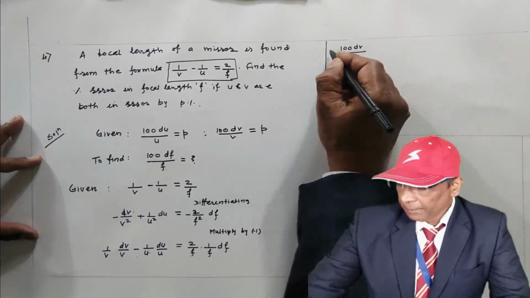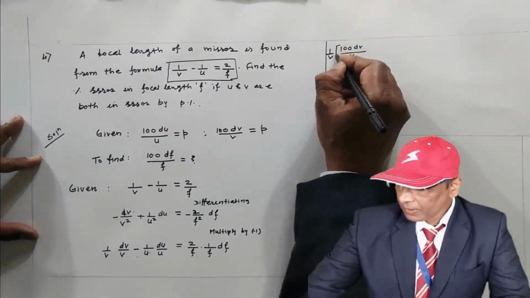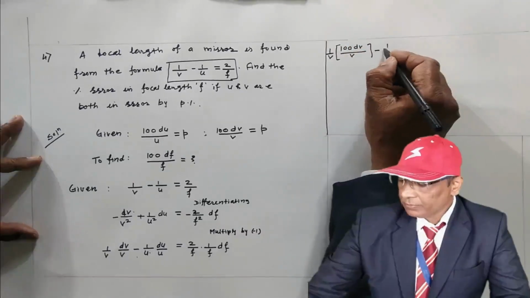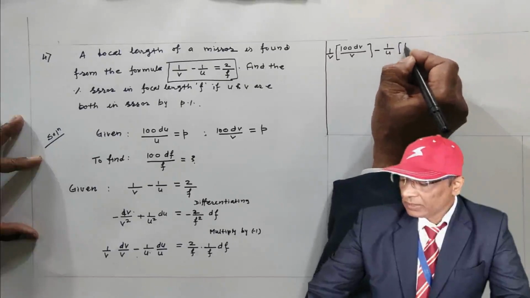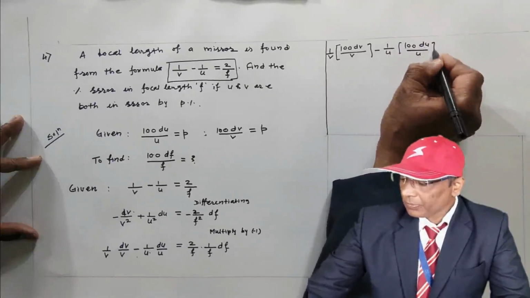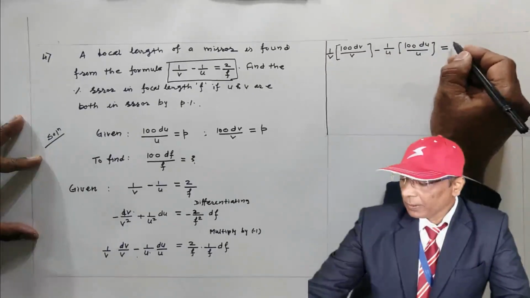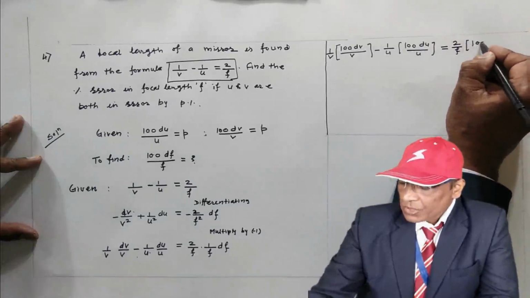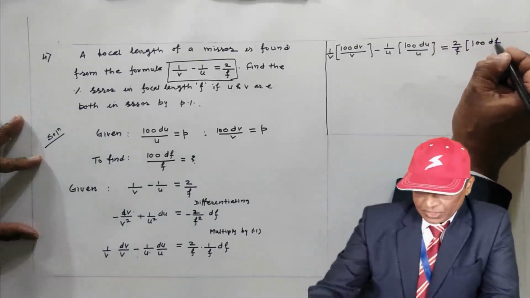Multiply each term by 100. Is it? Now 2 by F as it is. This is as it is. Okay. Now 1 by V, the percentage error in V is P.